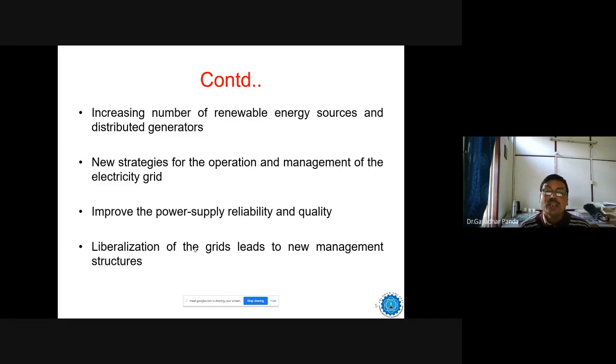All those issues are there that many researchers are working on in different research areas. And particularly, as I told you, I will be focusing on two aspects where our PhD scholars are working, particularly the power quality, and another aspect is the seamless operation of microgrid system.